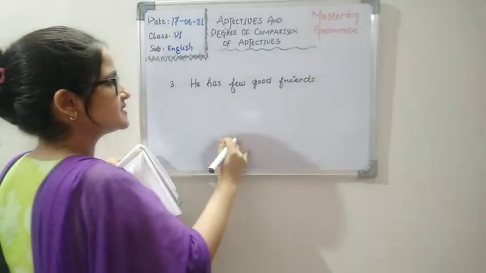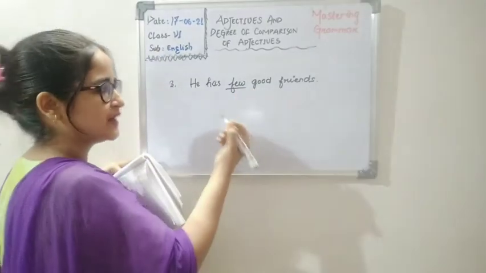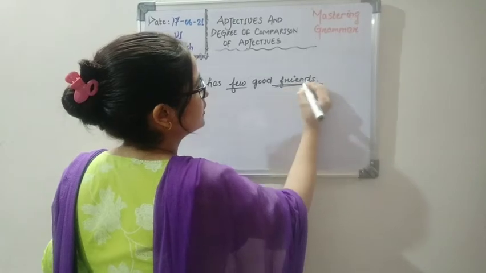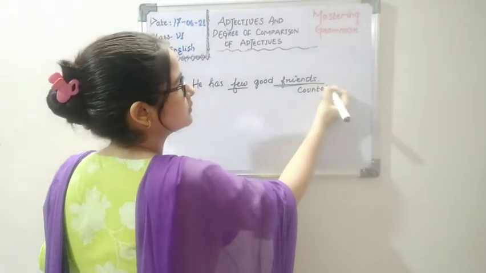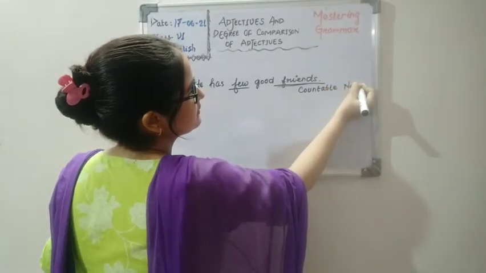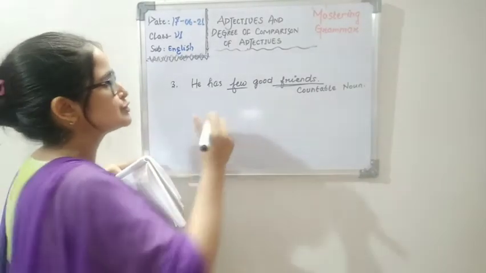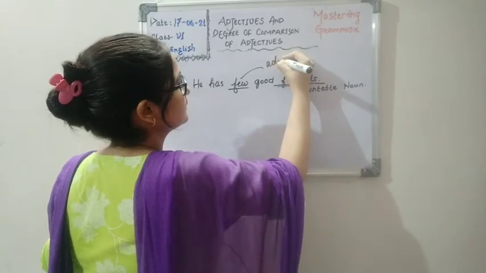Okay, now what does that mean? When I am saying few, it is very much clear, and the noun, first you observe the noun, this is a countable noun, right? Friends can be counted. So now with this one we have to use an adjective of number, right?